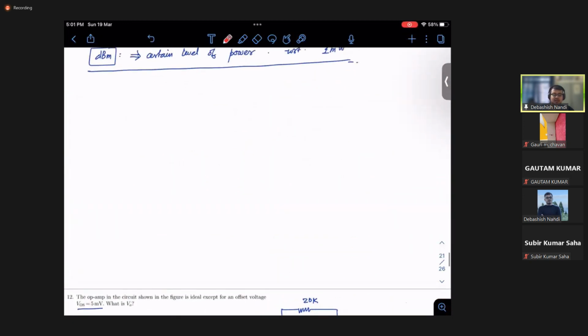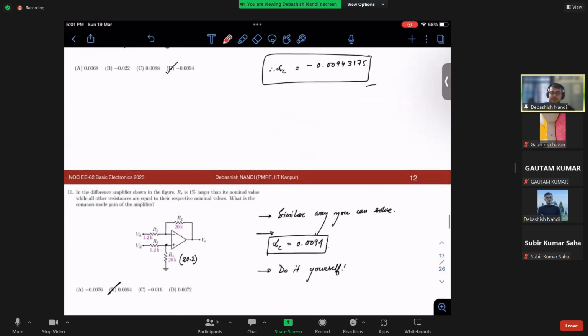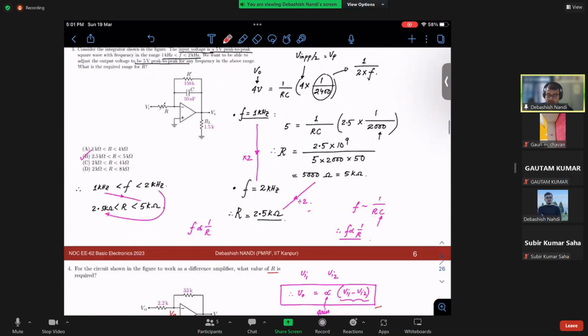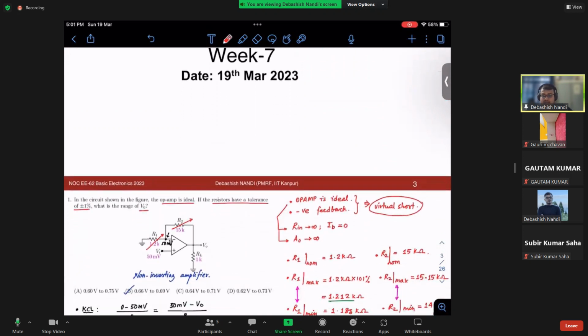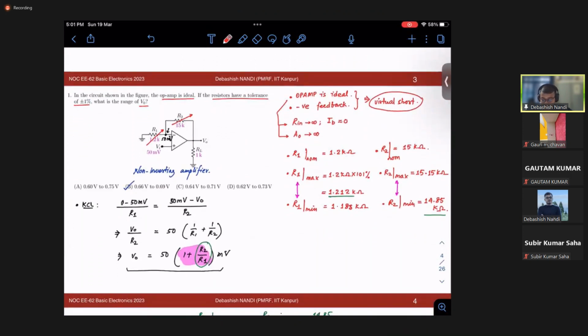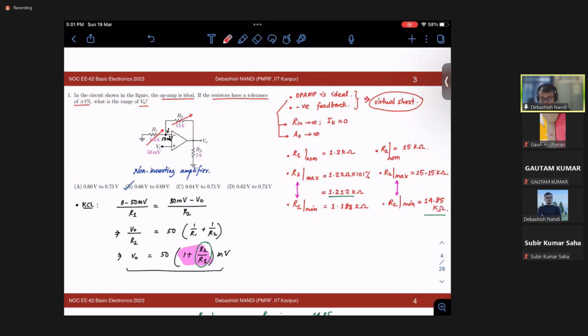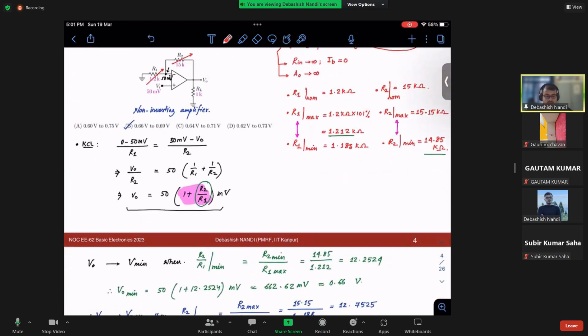Again, I will go through what are the topics we have discussed today. Basically, ideal op-amp circuits. First, we have seen how the tolerance of the resistances affect the output voltage. And we have also discussed why this is required, because we need to know how my output voltage changes, because this will be feeding onto some load, right? Some input to some next stage. It may be some circuit also, some equipment also.